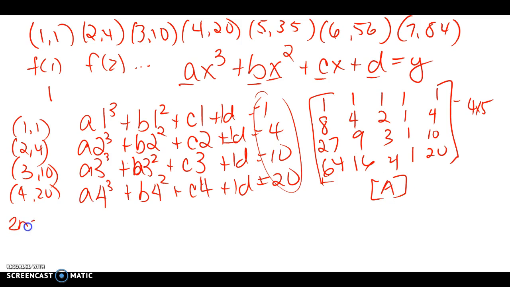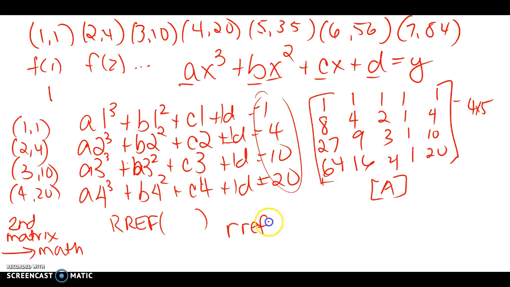So I'm going to go to second matrix, go over to the math column, which is the second one, and find RREF. First, actually, I should quit out of everything, so I'm at what I call my front screen. Then I do second matrix, go over to the math column, go down to B, which is that RREF. It brings up to the screen RREF with an open parentheses.